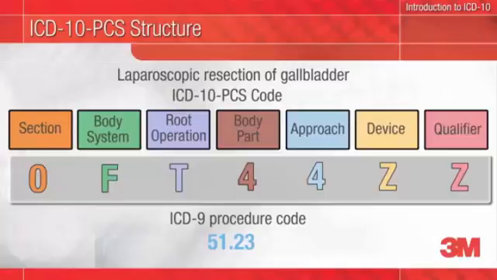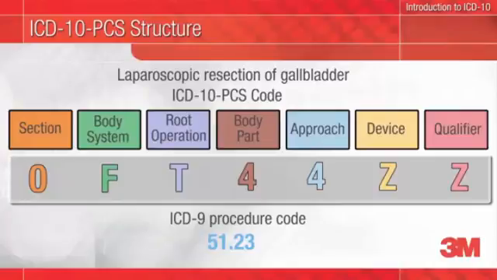ICD-10-PCS has a multi-axial code structure. Each of the 7 characters, or axes, maintains its meaning across the coding continuum. For example, the 3rd character in a PCS code represents the root operation, which is standard across all PCS codes. As previously mentioned, an ICD-10 PCS code consists of 7 alphanumeric characters.